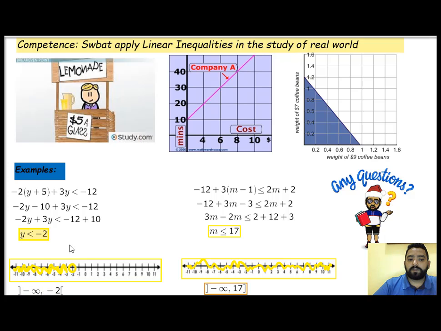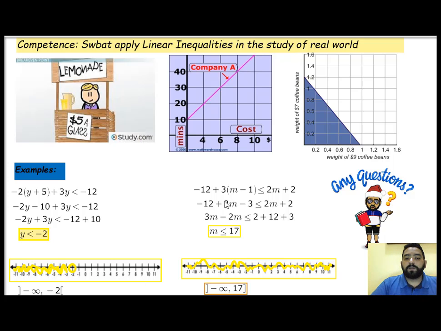In graph notation, we take the number -2 and put it open because we don't have the line under the inequality, and we take values from negative infinity until -2, but don't include -2. So you can take -1,000,000, -100, -50, -3, but not -2. In interval notation, we put negative infinity, comma, -2, and we put it open because we don't take that solution.